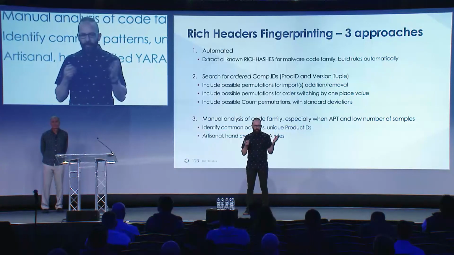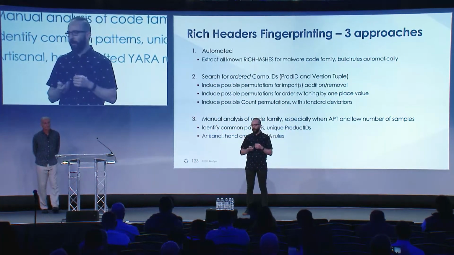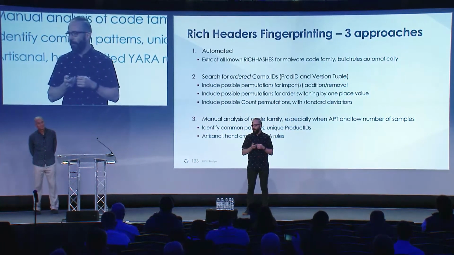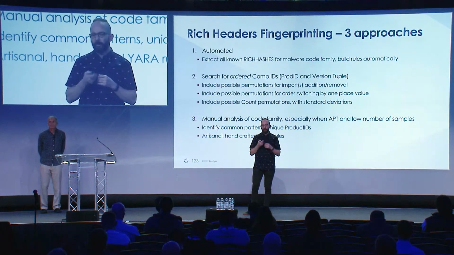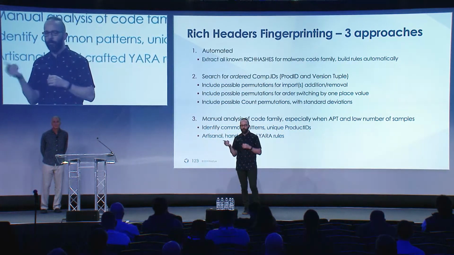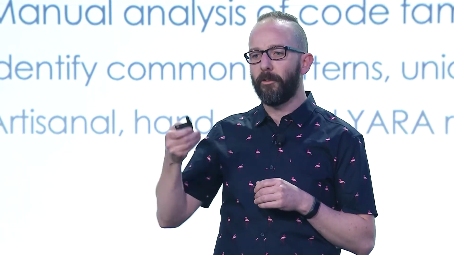So our approach, there's kind of 3, I guess. One is that we can take an automated approach and just extract rich hashes that we know are in particular malware families and are a reliable indicator of that family, and search for them. The second one is we can search for ordered comp IDs, similar to the method we discussed before, except we do multiple permutations of the set that we'd get.